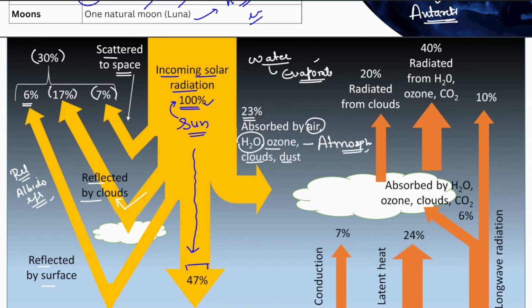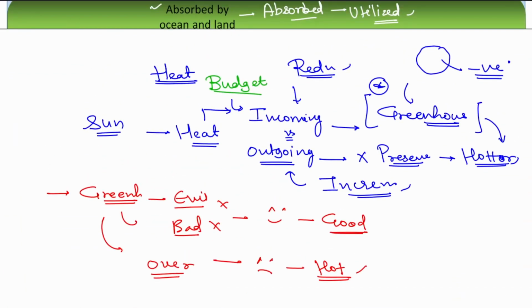So let's understand it a little again. Out of 100%, we saw 30% getting reflected and scattered, 47% absorbed by the land and ocean, and 23% by the atmosphere.